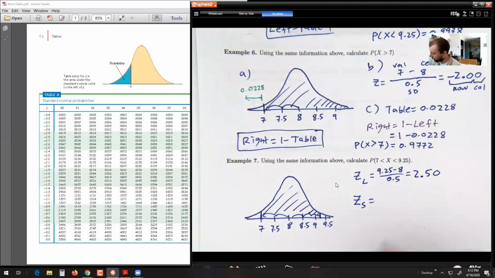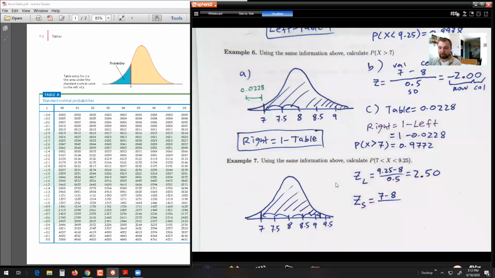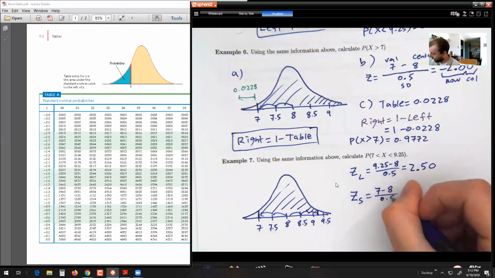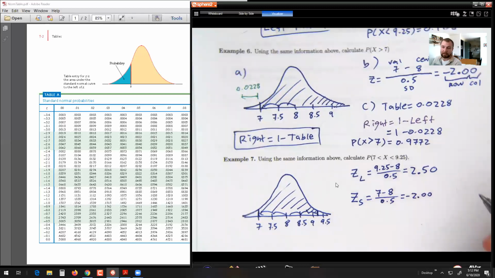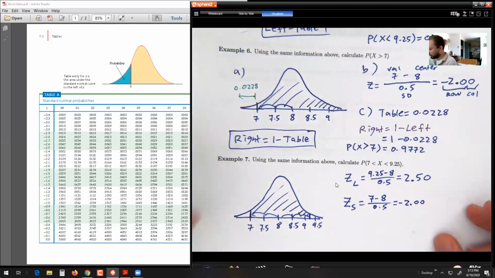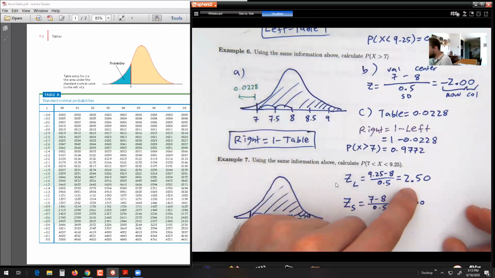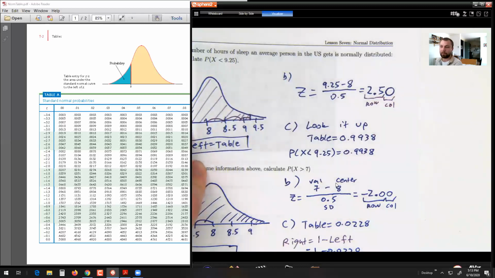The small z-score, I have my value is 7, minus my center is 8, my standard deviation is 0.5. When I type that into a calculator, I get negative 2.00, and I'm having a lot of deja vu going on here because these z-scores of 2.5 and negative 2 are exactly these values that I had from before.